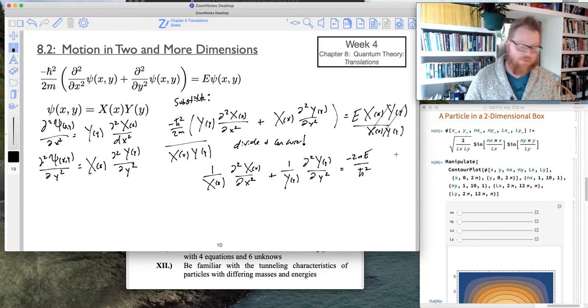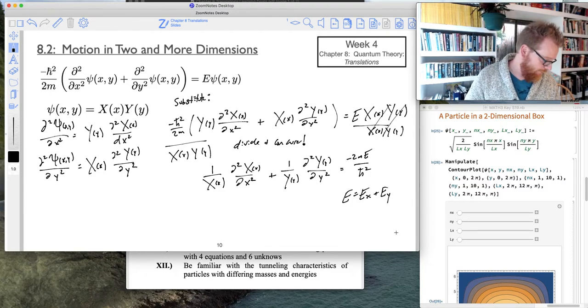So now what I can also establish is the following. I can establish that my solution here for E, my eigenvalue, it's going to be a linear sum of the two solutions in x and y. All right. And so what I can also do because of that, okay, I can now just separate these two things.